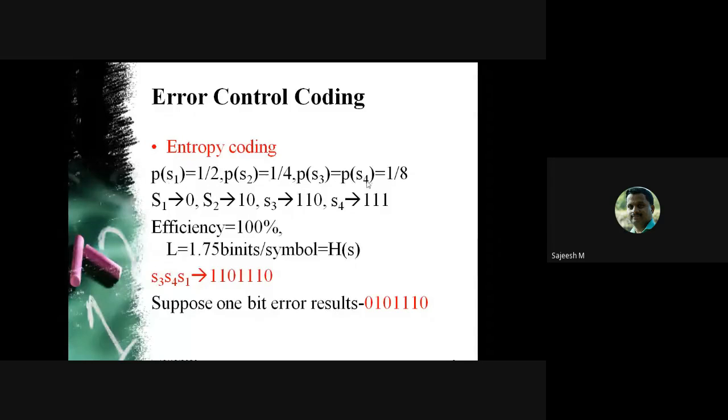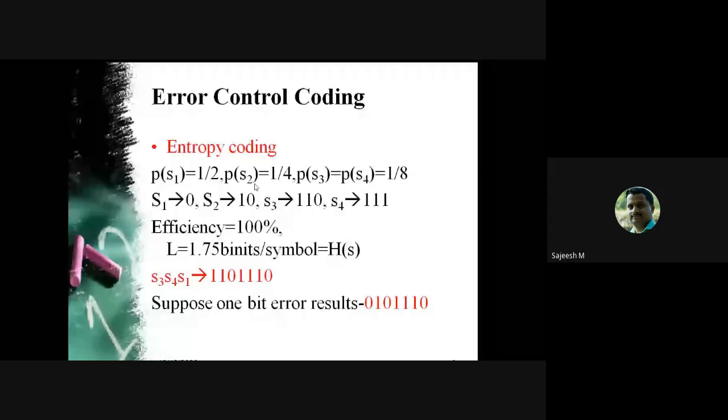Their probabilities are given as 1 by 2, 1 by 4, and 1 by 8 each for S3 and S4. Here the Huffman coding method is used, and we have generated the code: S1 is encoded as 0, S2 as 10, S3 as 110, and S4 as 111. It is the Huffman code obtained for the given symbol probabilities.